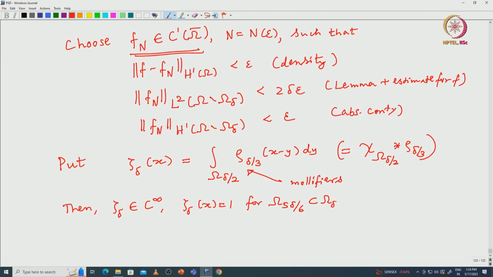So, we can fix some other coefficient there, that is not important, but finally it has to be 1 in this omega delta, and j delta of x is 0 for x not in omega delta by 6. And of course, this is from the very definition. Okay. So, the important thing is this j delta has compact support.